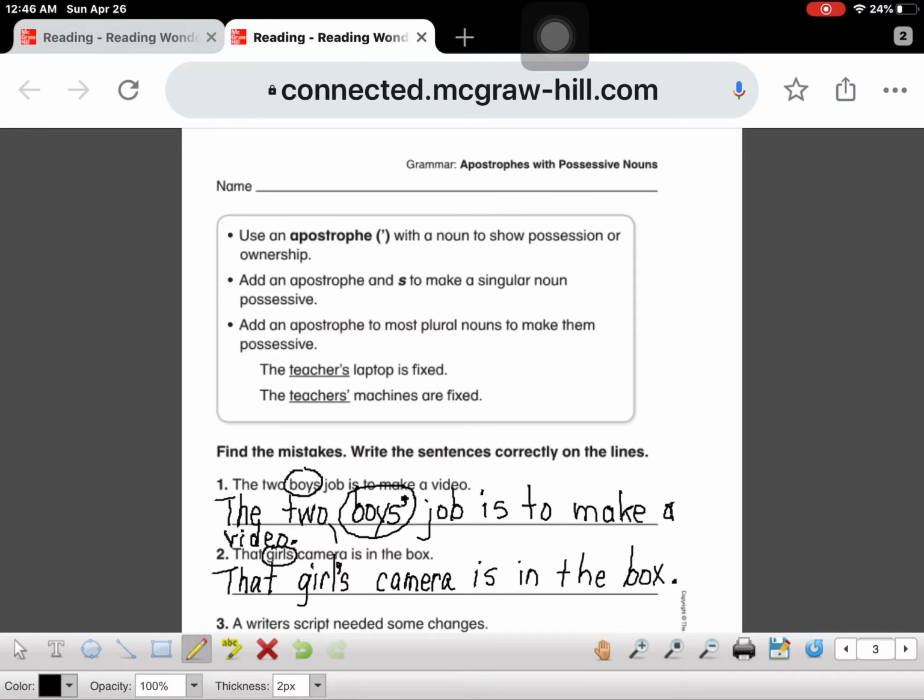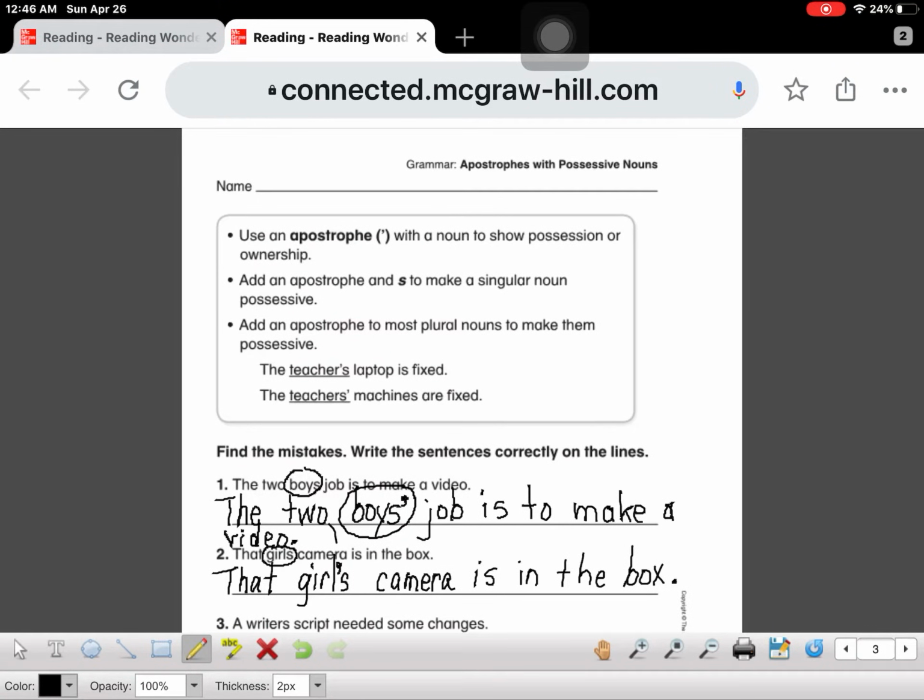Okay, now do you remember last week when we talked about this, that, these, those? This and that are singular. These and those are plural. So that kind of helps us let us know where to put that apostrophe.